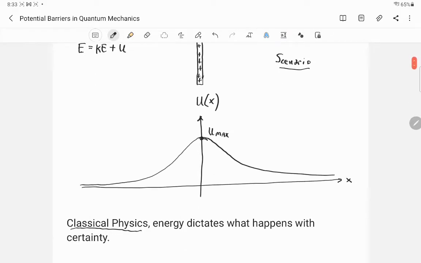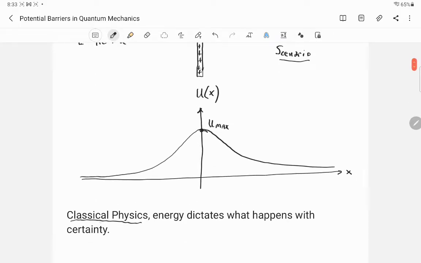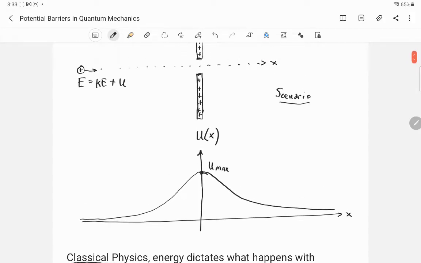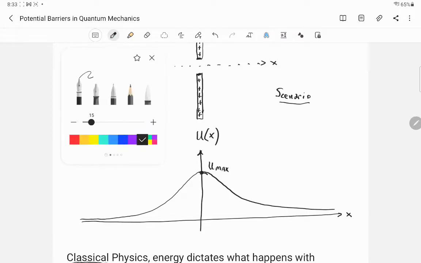Okay, so for classical physics, the problem is easy to understand in terms of energy. If this particle has an energy bigger than this potential barrier's height, which I'm calling U max, then the energy has some value like this.